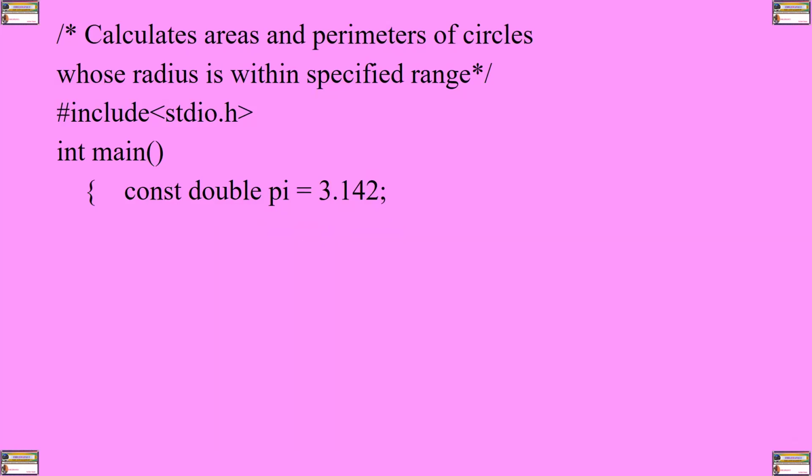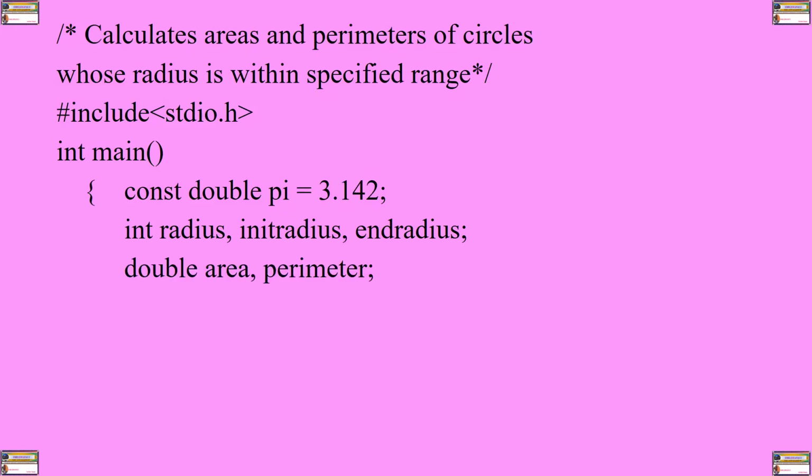Then the next statement, we are declaring 3 memory locations, which are end radius, init radius, and radius. You are telling the processor that the content in these 3 variables that you have declared is of type integer.